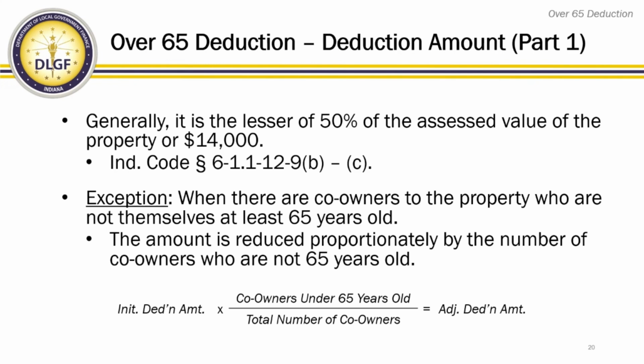So this is a fraction: you multiply the initial deduction amount by a fraction, and the numerator is the number of co-owners who are under 65, and the denominator is the total number of co-owners. When you make that fraction, you multiply that by the initial deduction amount, and what results is the adjusted amount.